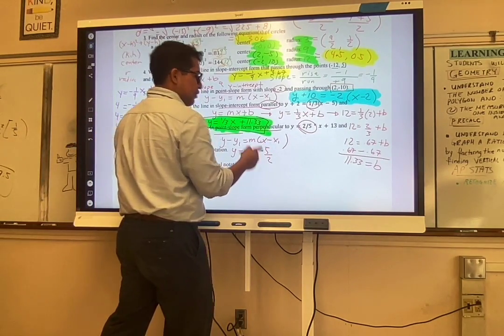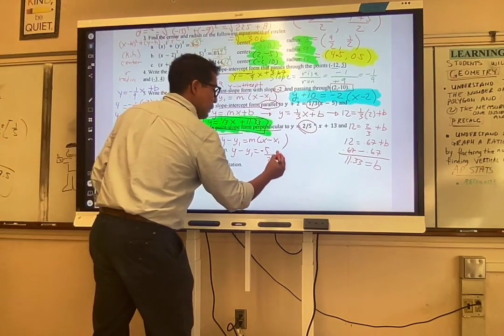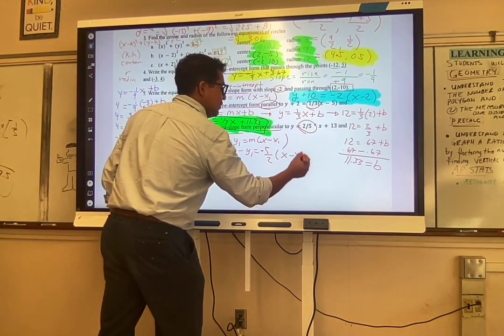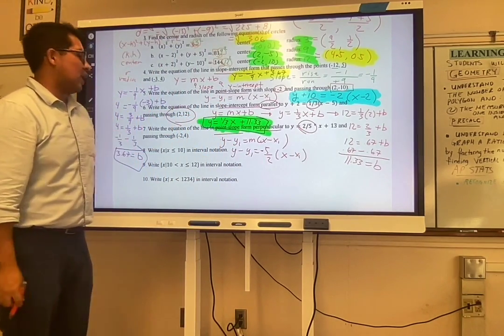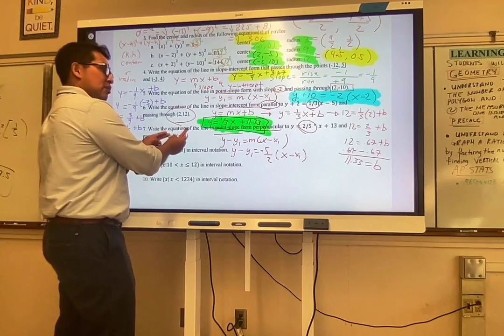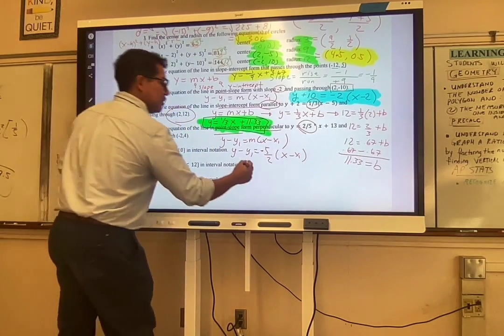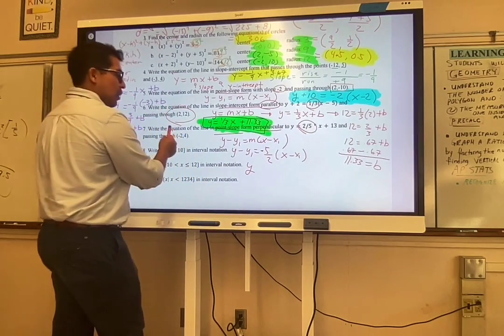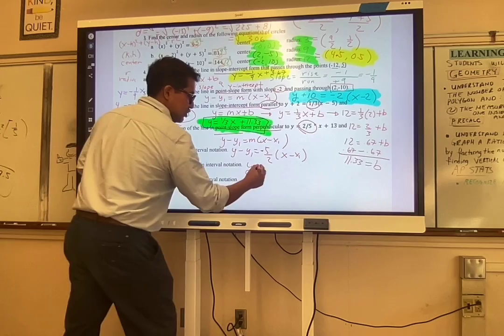Opposite as in negative when the other one's positive, reciprocal as in switch the fractions, okay? That said, I'm going to put my parentheses x minus x1, okay? So I have that slope, it's perpendicular, and I needed to pass through this point, minus 2 comma 4. So remember, when I work with point slope, because of the little minuses here, I need to switch the signs on my final equation. So it's simply y minus y1. y1 is positive 4 here, so this is going to show up as a negative 4.